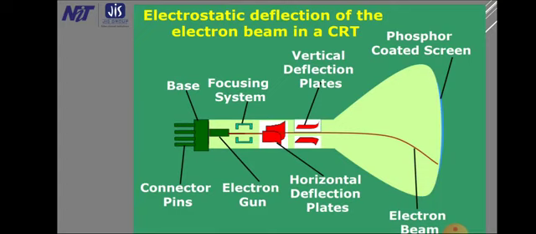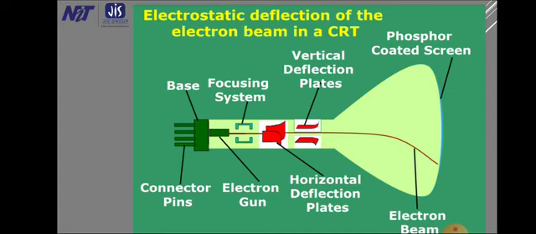We move on to the next picture, which shows that the deflection is done with the help of electrostatic fields. The previous one was an electromagnetic field. In this case, it is electrostatic fields generated by capacitance. We are talking of electrostatic deflection of the electron beam in a CRT, and we have the same base electron gun focusing system, and then the beam comes out straight. There are two plates.